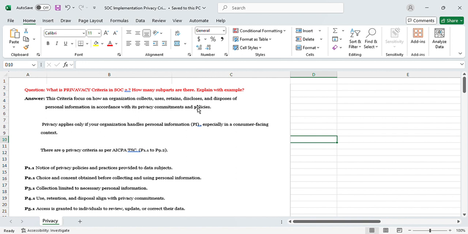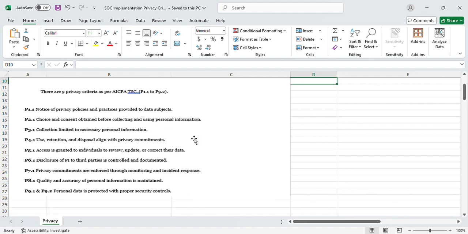As per AICPA trust service criteria, it is applicable from P1.1 to P9.2, where number 1 is the privacy notice of privacy policies and practices provided to data subjects. P2 is choice and consent obtained before collecting and using personal information. P3 is collection limited to necessary personal information. P4 is uses, retention, and disposal aligned with privacy commitments.